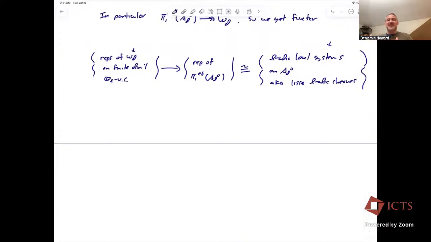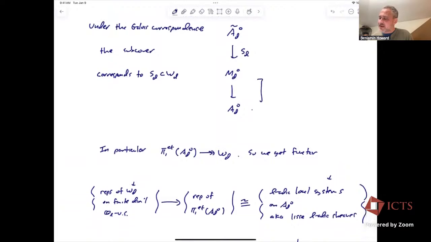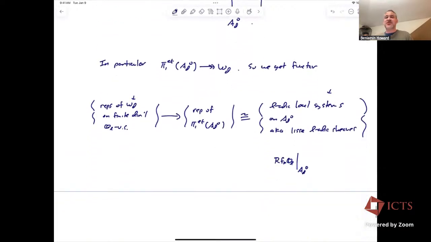If I restrict it to the regular semi-simple locus, the fact that this is a finite Étale cover means I'm actually getting a local system, just viewed as a complex in degree 1 in the derived category, and it is in the image of this functor.